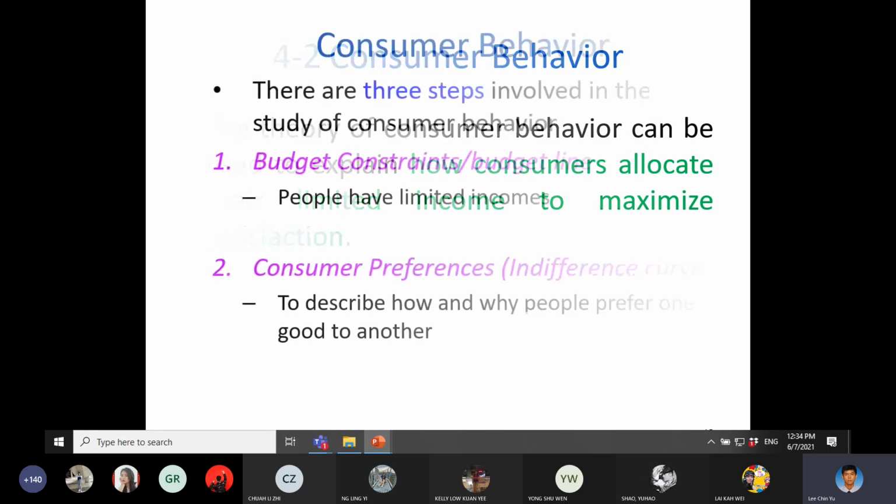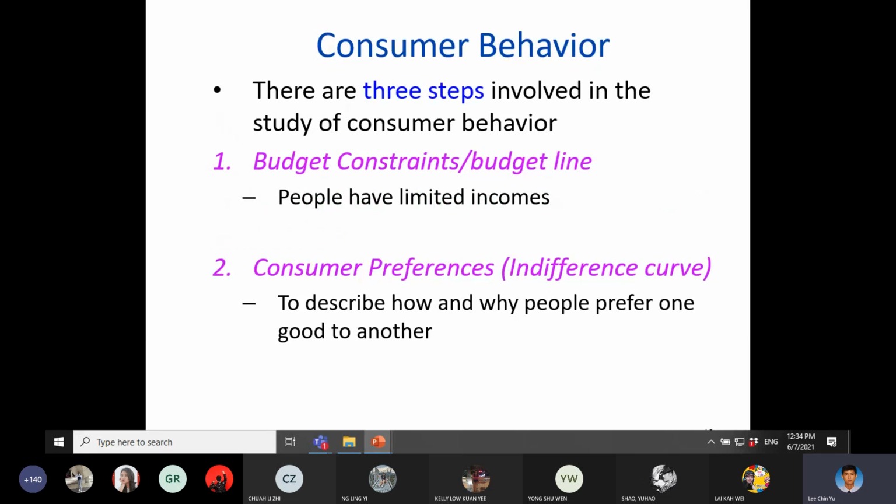From here, there are 3 steps when we want to analyze consumer behavior. First of all, we observe that most people have limited income, so we have a budget constraint. From the budget constraint, we can draw the budget line to show it.